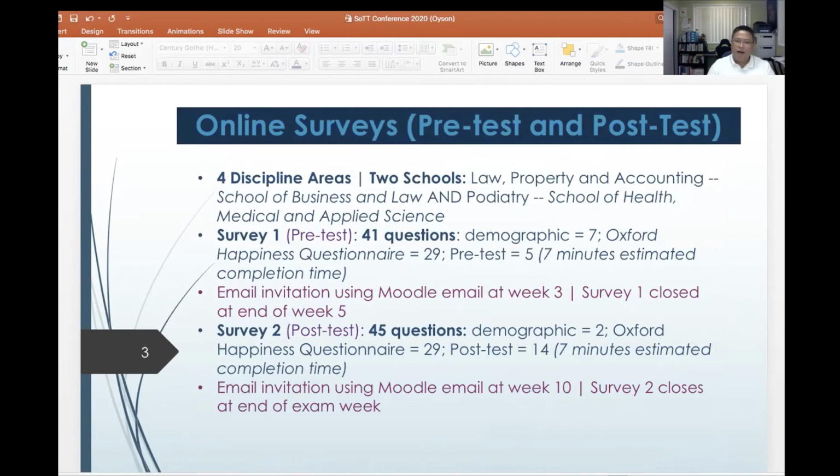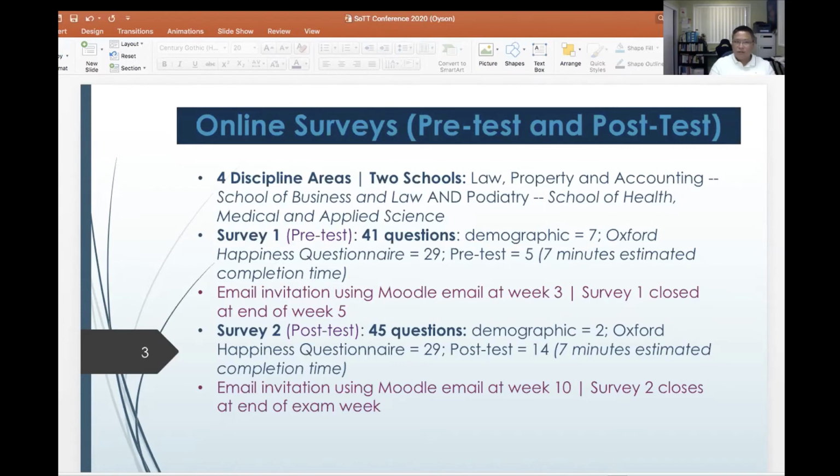So you will then have a higher response rate. But because of COVID-19 and the restrictions, and given that a lot of the teaching is now done online, we could only get the students to respond through online surveys using SurveyMonkey.